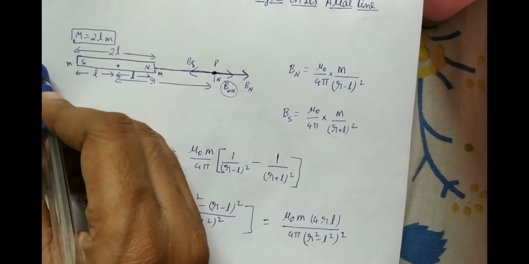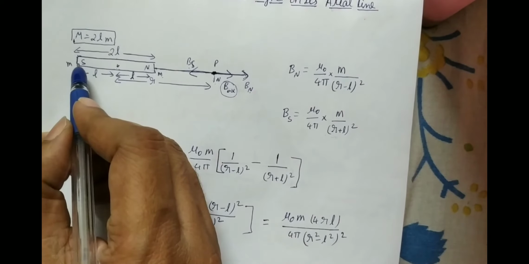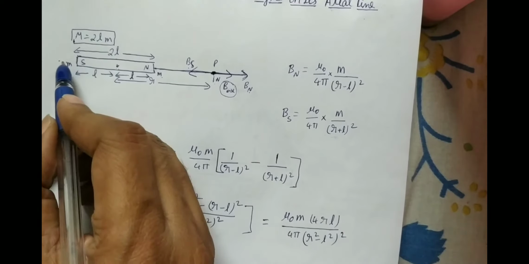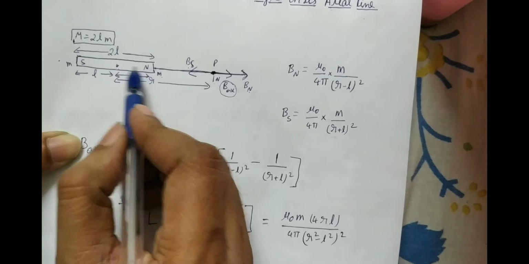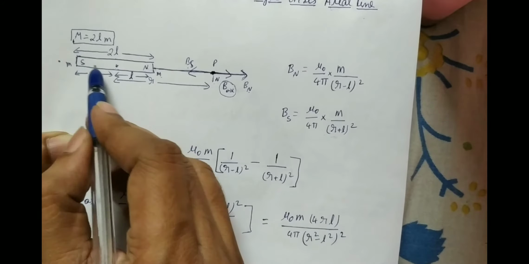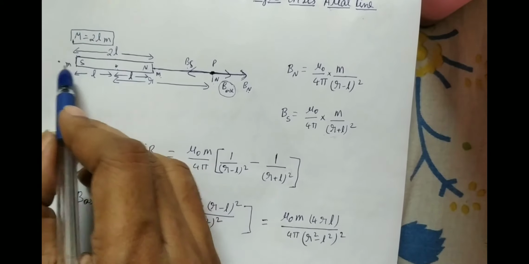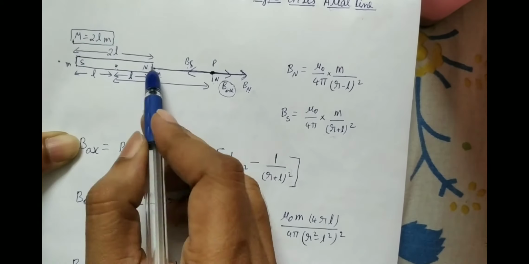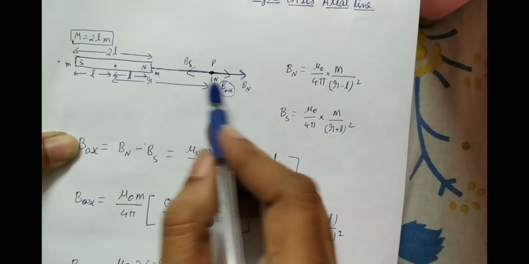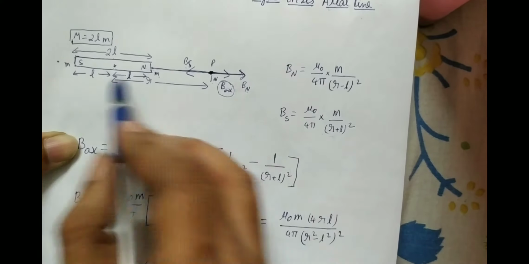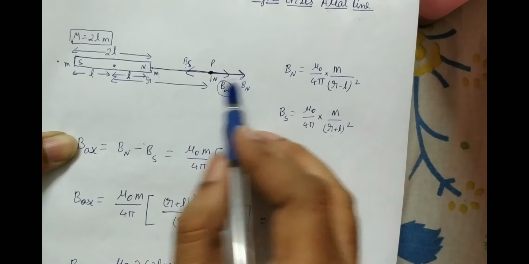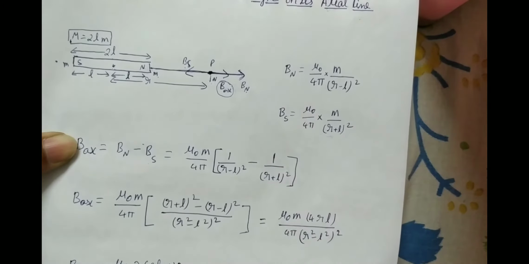Even if you choose a point here, the south attracts more strongly because it is nearer, and the north repels with less force. So the force is acting in this direction, nothing but the field acting from south to north. Here also it acts like this. So everywhere on the axial line, not only this side but that side also, the field is acting in the direction of the magnetic moment, that is from south to north.